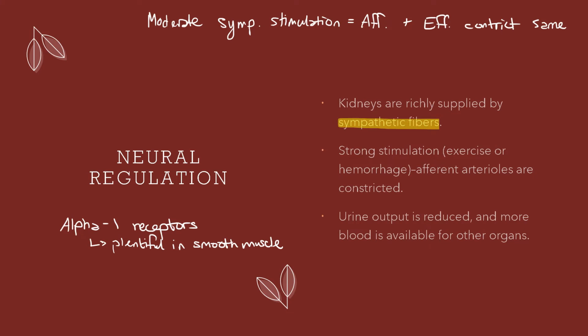So this is when the blood flow into and out of the glomerulus is going to be restricted to the same extent. So this is going to decrease GFR just slightly though.